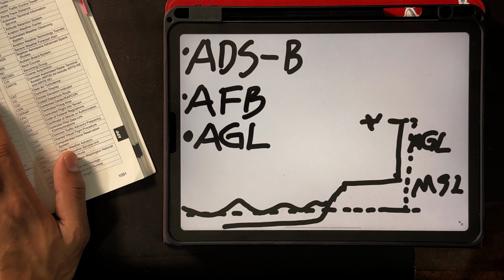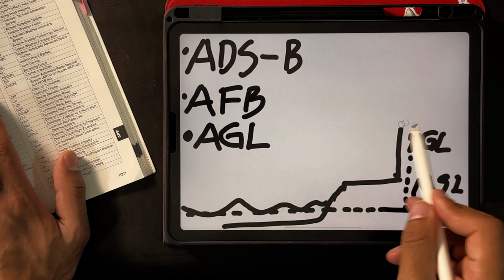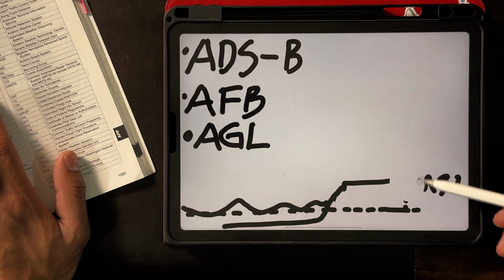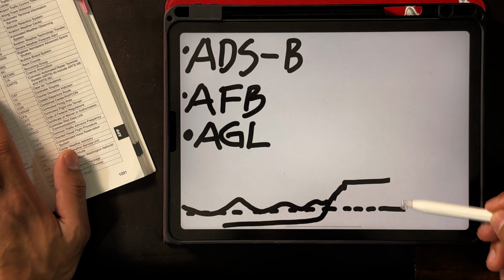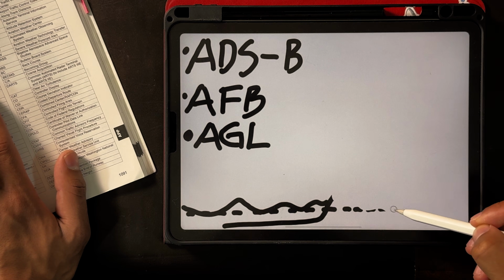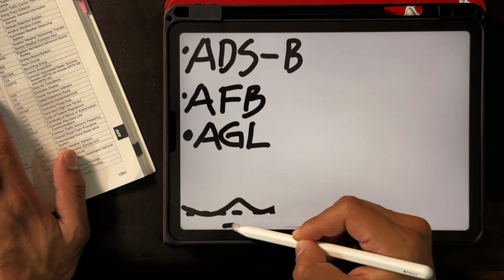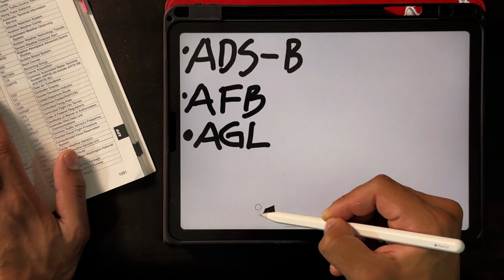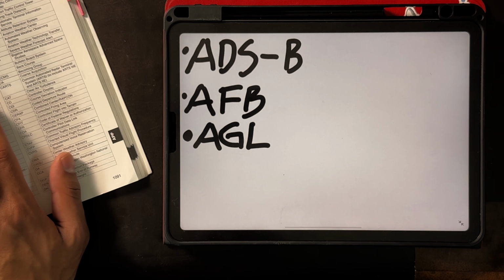MSL, or mean sea level. So AGL depends on the terrain, and MSL is always the average of the sea level, which can be a little bit confusing, but it's okay. We'll move on. I digress.